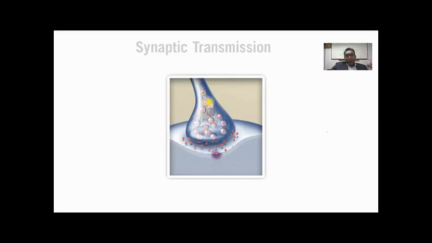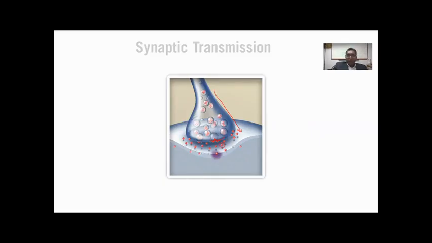When the information from the given neuron reaches the end of the terminal button of an axon, as you can see, it pushes the synaptic vesicles to the end so that the membrane of the synaptic vesicle fuses with the membrane of the terminal button, thereby opening the vesicles out into the synaptic cleft, which results in release of these neurotransmitter molecules into the synaptic cleft.